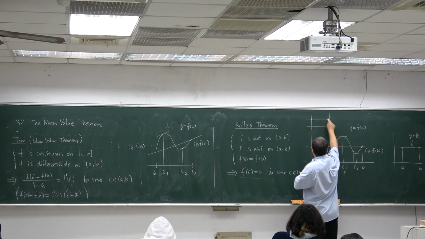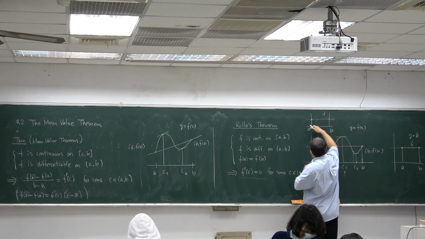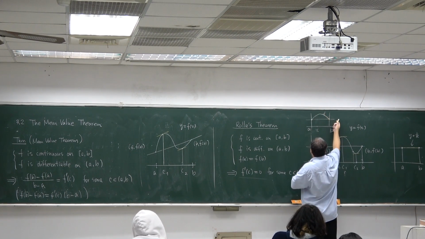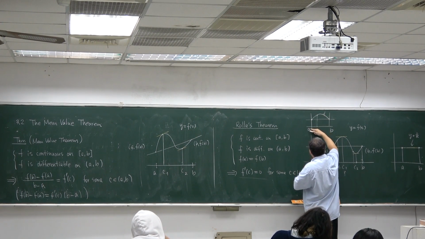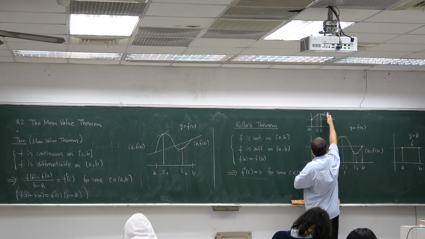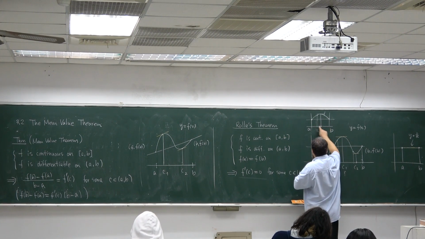Same height. Okay, if some x whose value is greater than the value of f at a, looks like this. At some x, the value of f at x is greater than the value of f at a, then the maximum must happen at a number interior to AB.